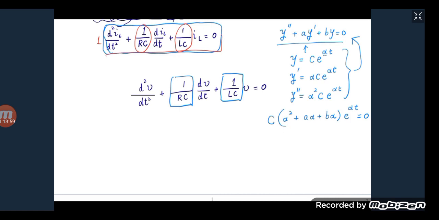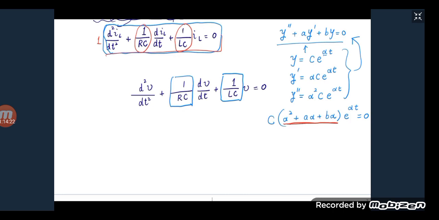Of course, we assume c is not 0, so finally we have to solve this second order polynomial, right? Any questions? I think you have learned this from differential equations, right?